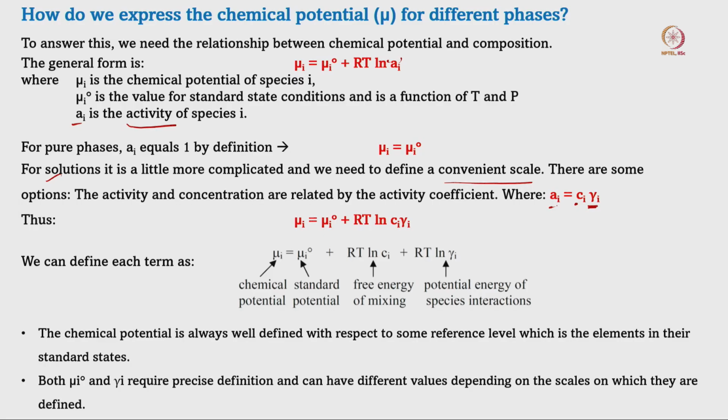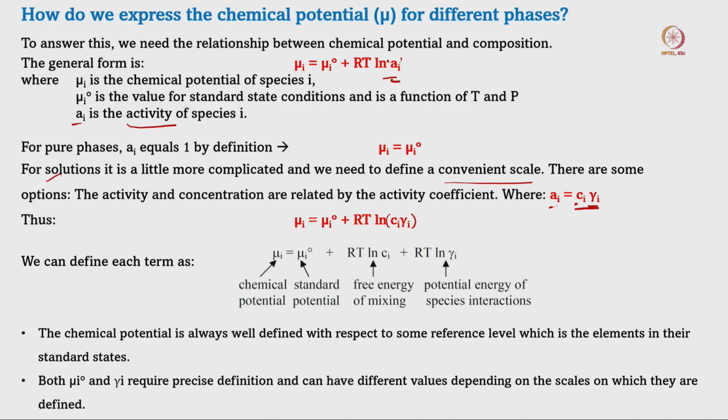So, A i is equal to C i into gamma i. Now, if we replace A i in this equation, it becomes mu i is equal to mu i 0 plus RT ln A i, and A i we replace with C i into gamma i.